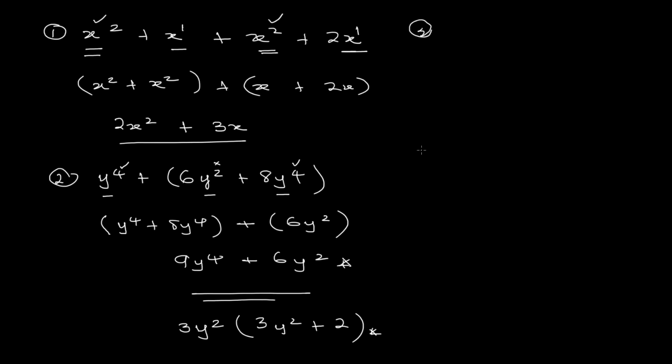The third example, let me get a new page for the third example. The third example is x cubed minus 6x squared plus 2x plus 4 minus, okay, so this is in brackets like that, and then we have x cubed plus 5x squared minus 7x.